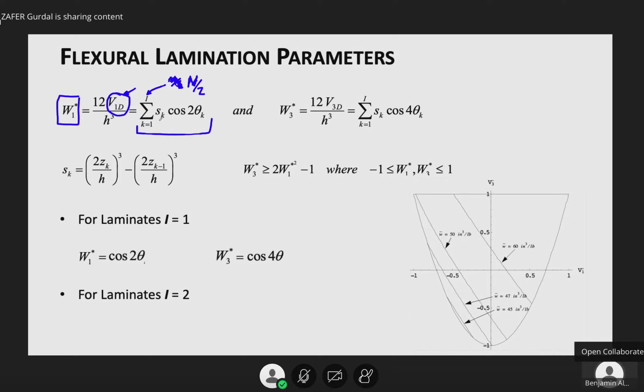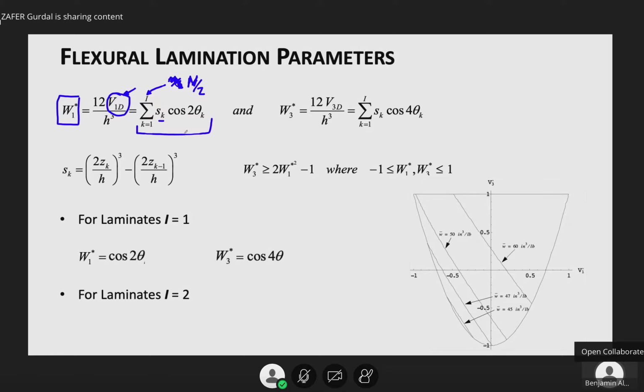And Sk is not just the difference of the thicknesses. In case of in-plane stiffness, this was the portion of the laminate with a specific ply orientation angle, how much of that angle occupies.